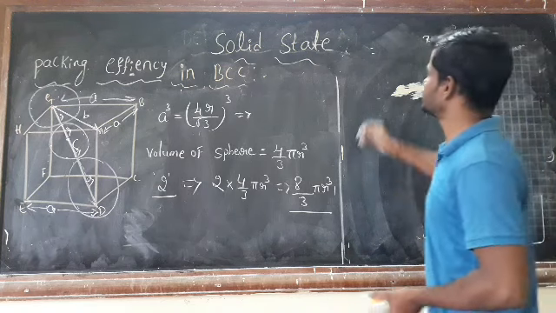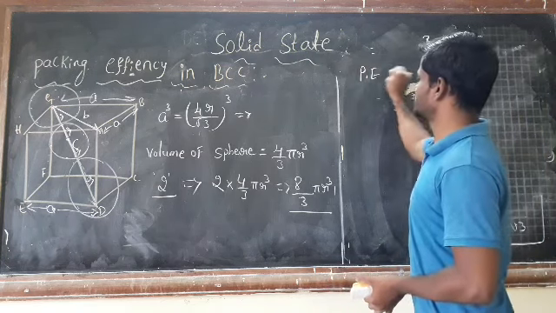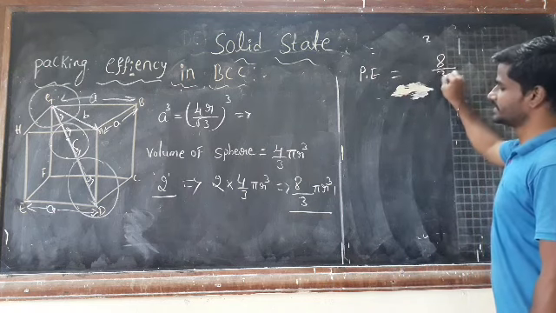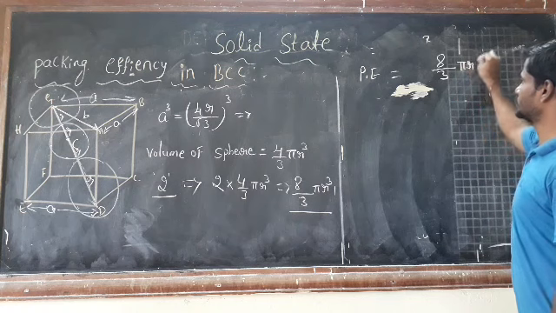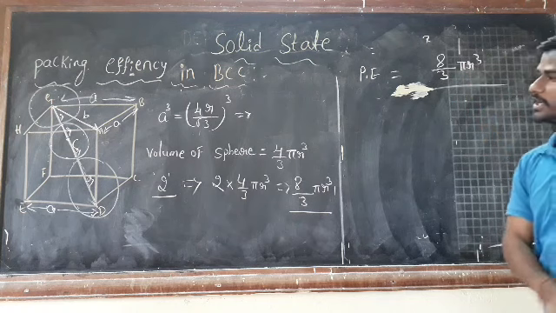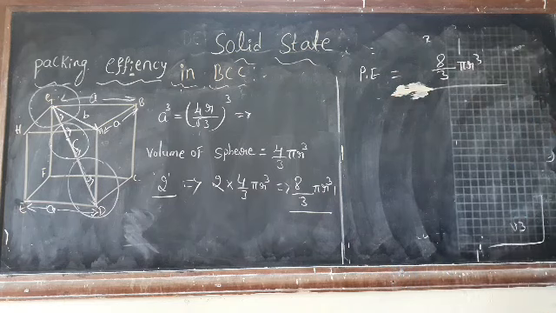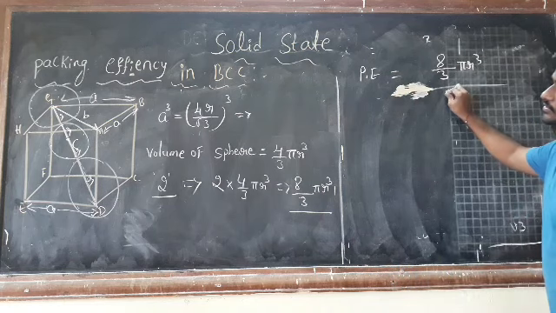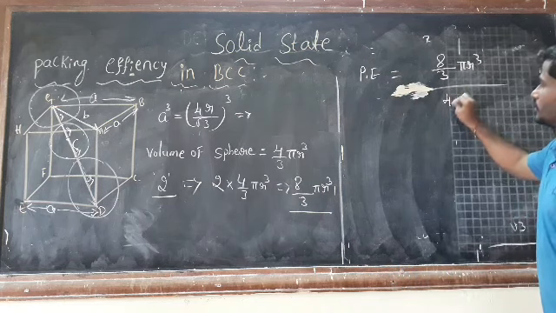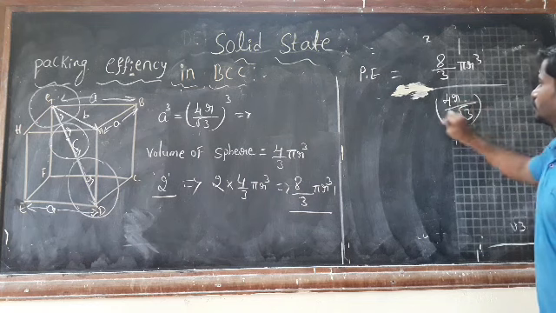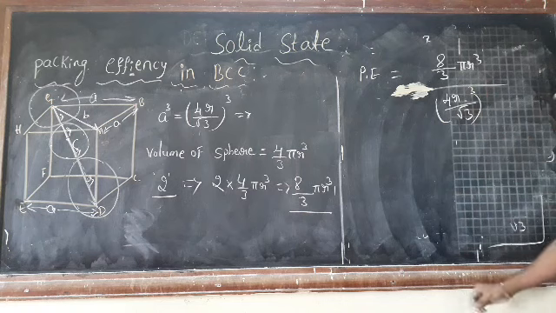Packing efficiency is equal to the volume of the spheres, that is 8 by 3 pi r cube, divided by the total volume of the unit cell, that is 4R divided by square root of 3 whole cube, into 100.